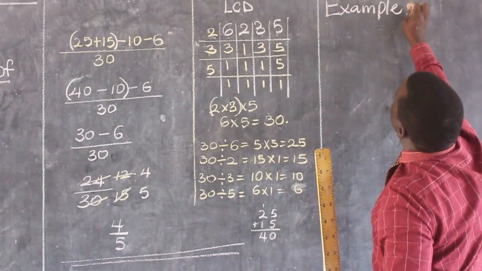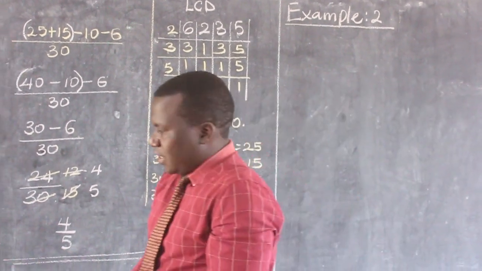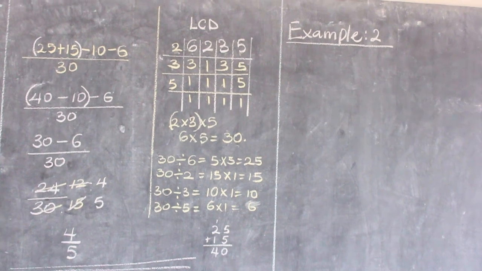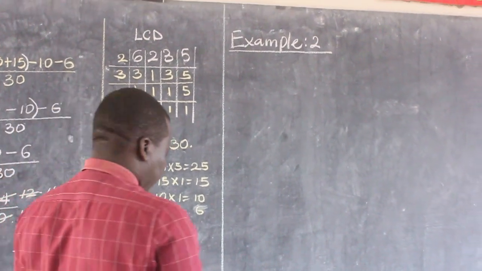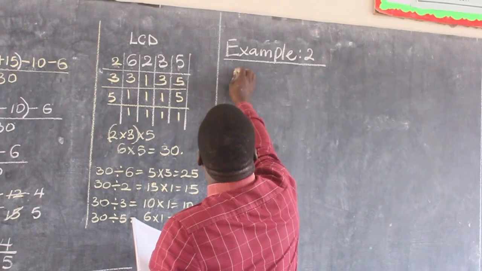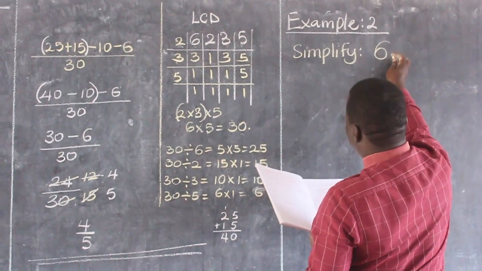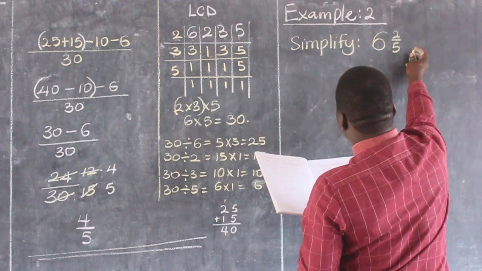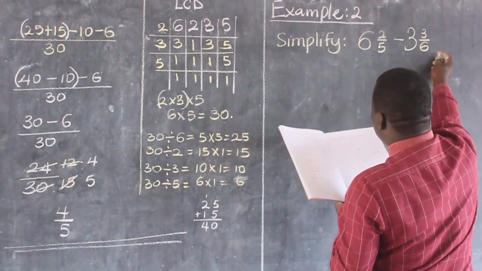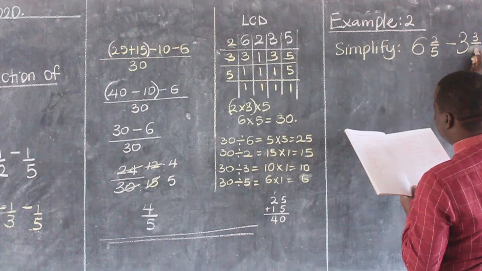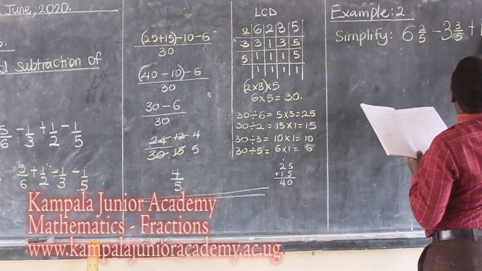Example 2. And in our example 2, it says simplify 6 whole numbers, 2/5 minus 3 whole numbers, 3/5 plus 1 whole number, 3/10.